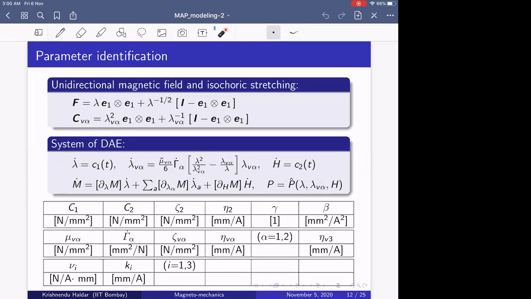So I just put the magnetic constitutive equation in a rate form. So that's all you have, and you are ready to calibrate your model parameters. And this table shows the model parameters associated.